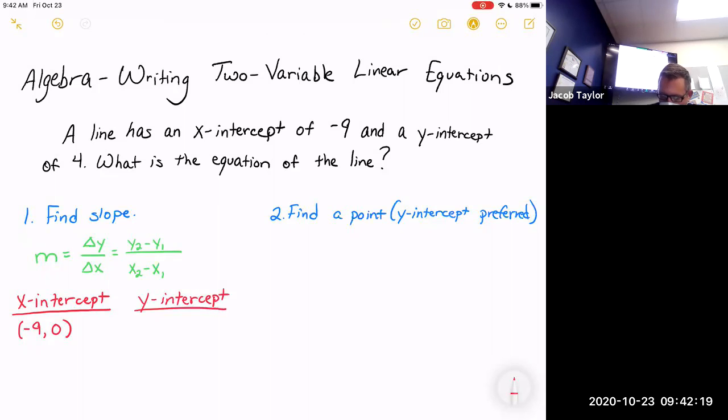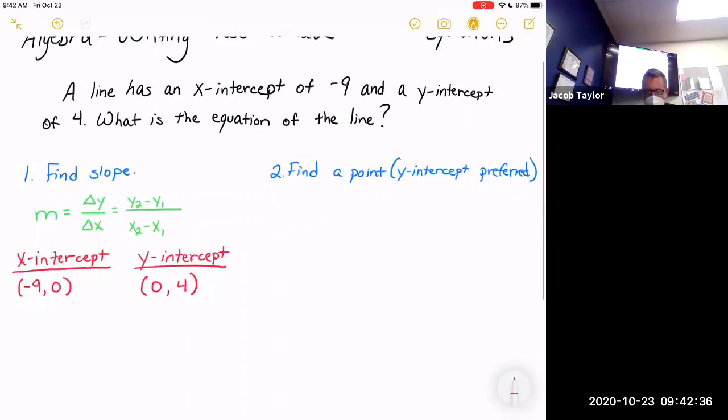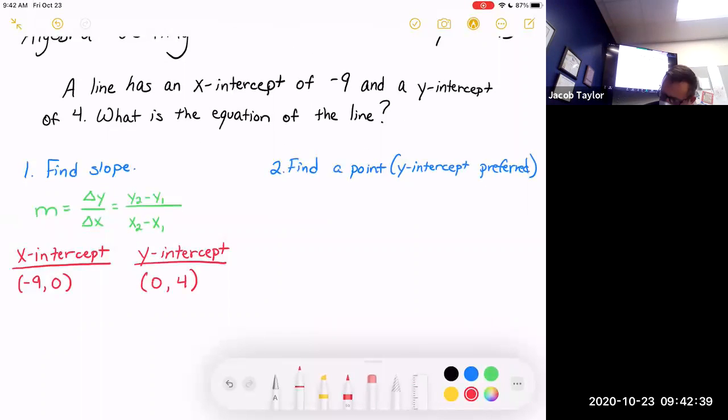Oh yeah, I forgot. Which, using your deductive reasoning skills, tells us that the y-intercept will be 0, 4. Excellent. Now I've got 2 coordinates that I can use in that slope formula.